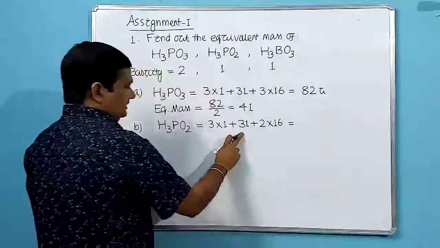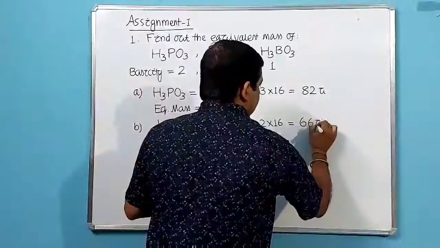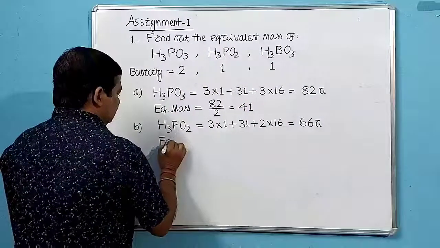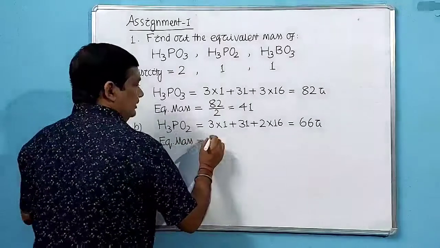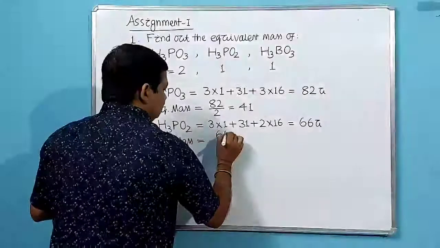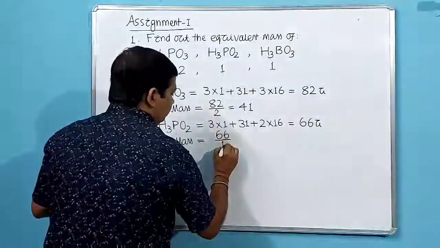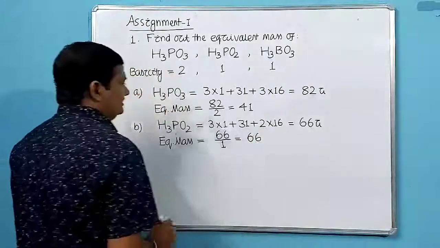So 32, 31, 63 plus 3, 66 U. Equivalent mass of hypophosphorus acid is, with the same formula, molecular mass 66 divided by basicity 1, that will be 66. So this is the answer.